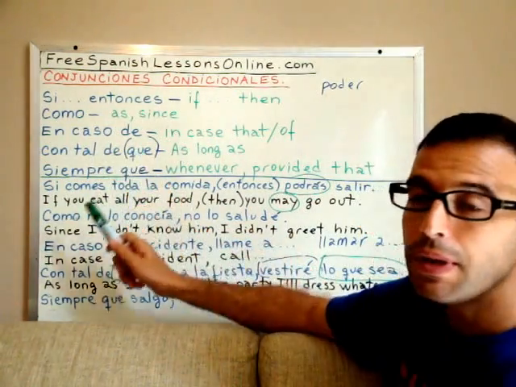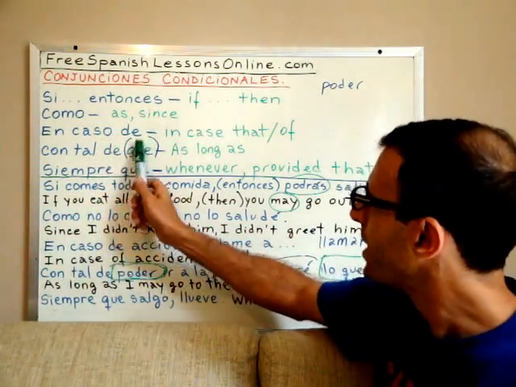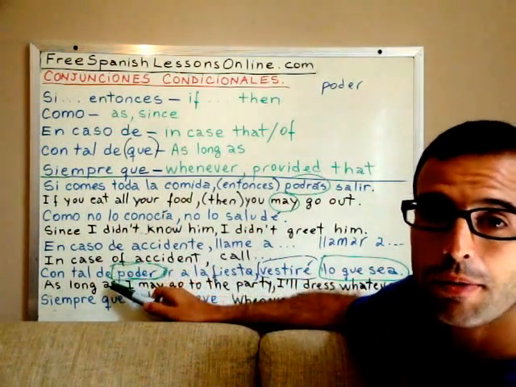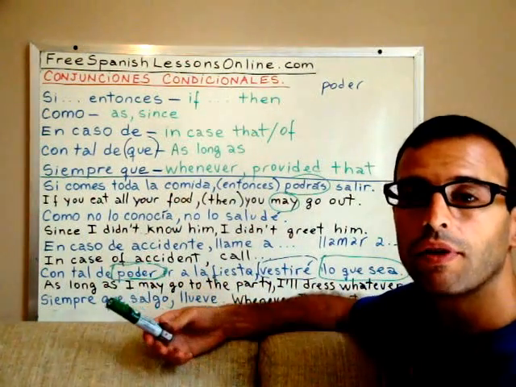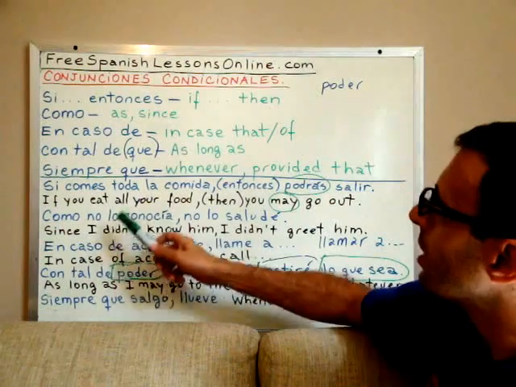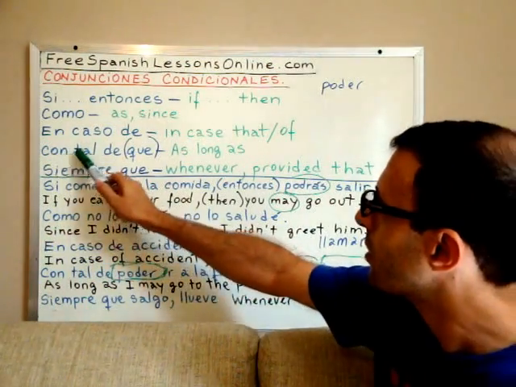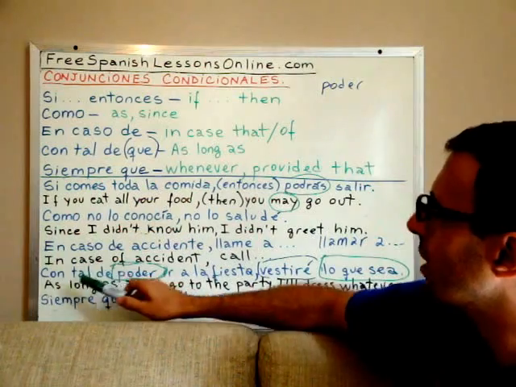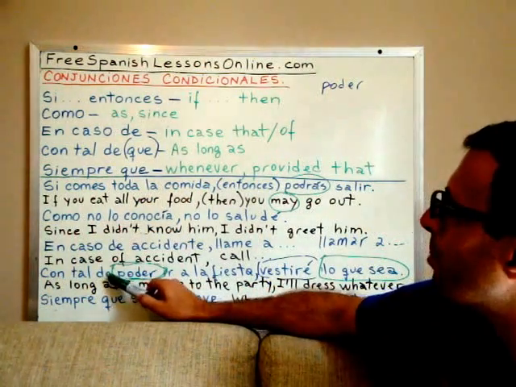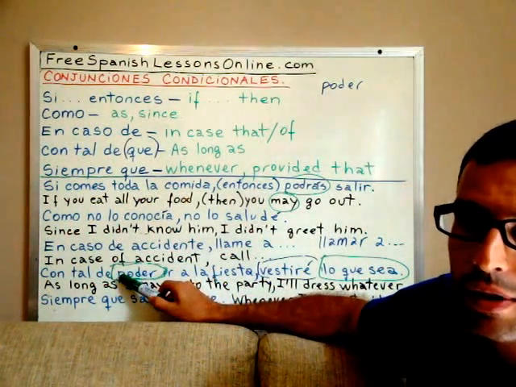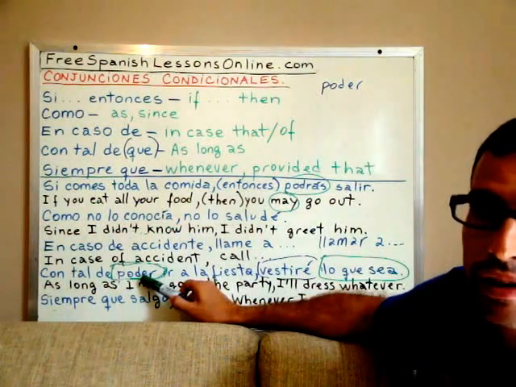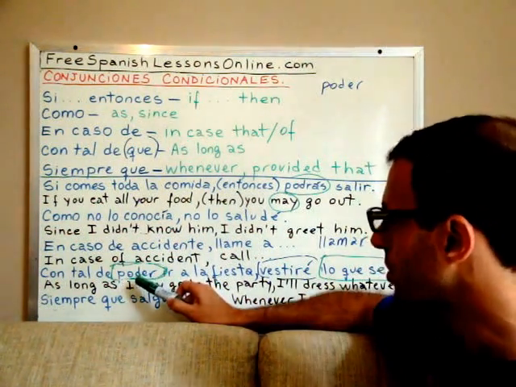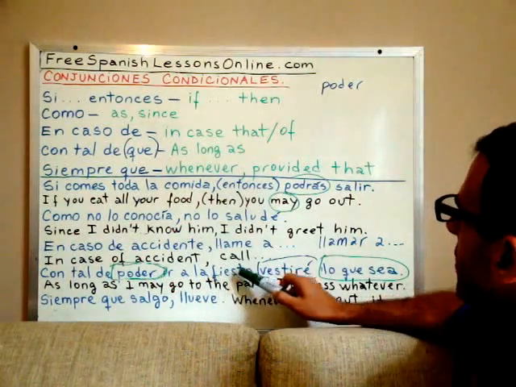Con tal de que means the same thing, but if you use the que, then you have to conjugate the verb that follows into one of the conditional tenses. So in this case, if we want to use con tal de que, we would have to say con tal de que pueda. You see, we are not using poder in infinitive, we are using pueda, which is already conjugated into a conditional. Ir a la fiesta, vestiré lo que sea.